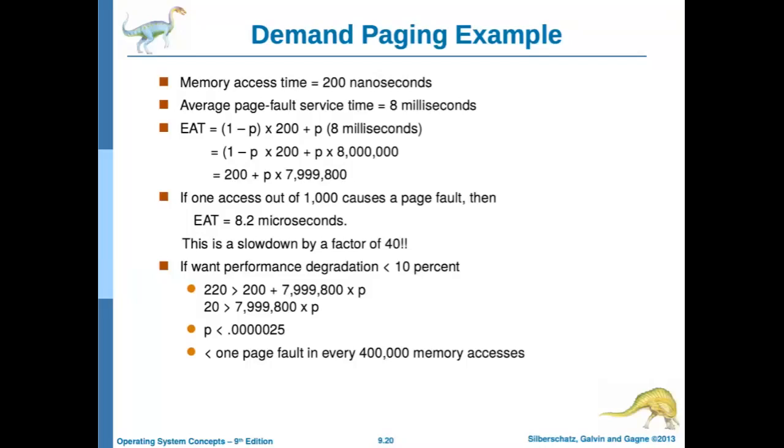Now, if one access out of 1000 causes a page fault, the first instruction will result in a page fault and the remaining 999 are already in the main memory. So this will definitely slow down the system by a factor of 40.